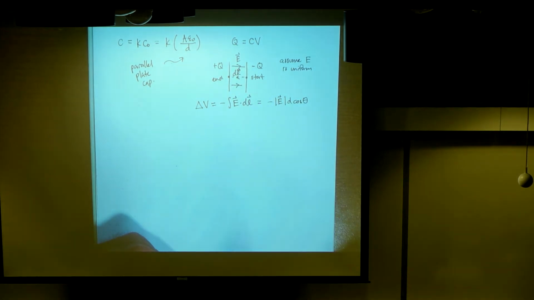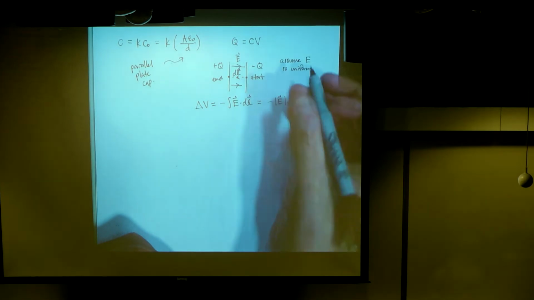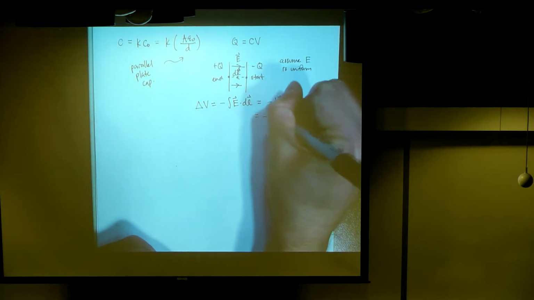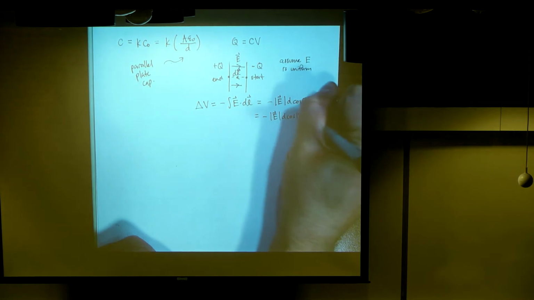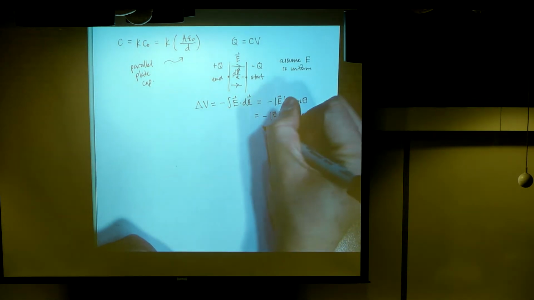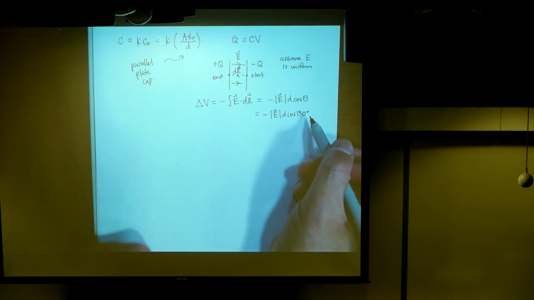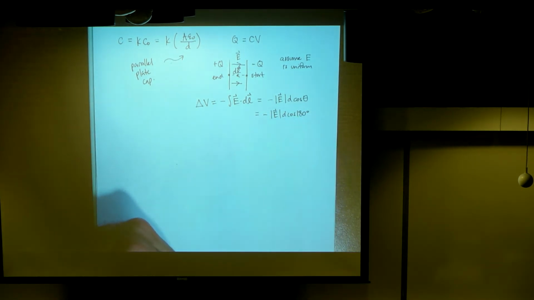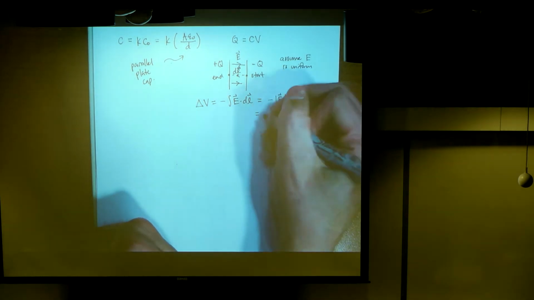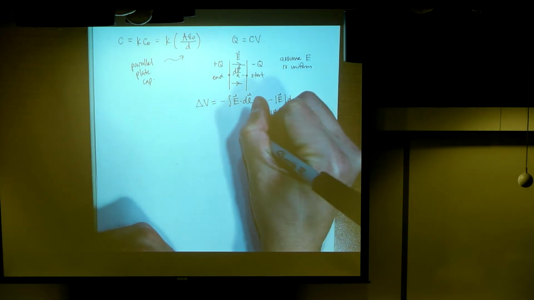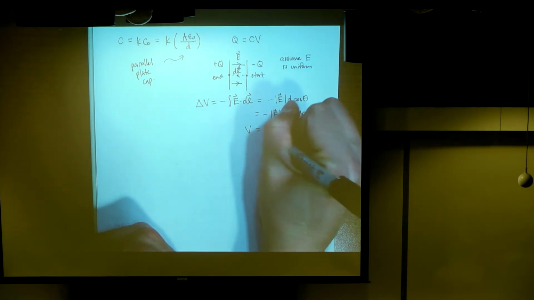So in this case, we chose a path that's going directly against the E field. So that's going to be cosine of 180. Make sense? So to write this in a more simple way, cosine 180 brings a factor of -1 out, cancels with that negative factor. So I'm going to write this in the following way. V is just equal to E times d.